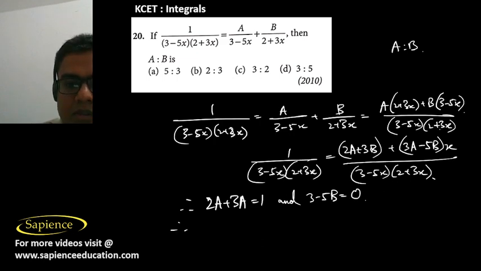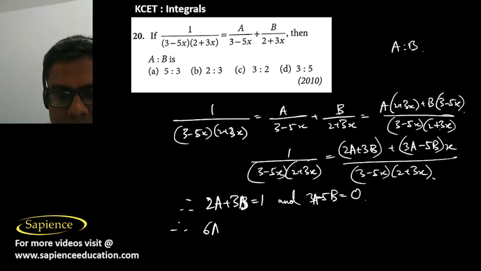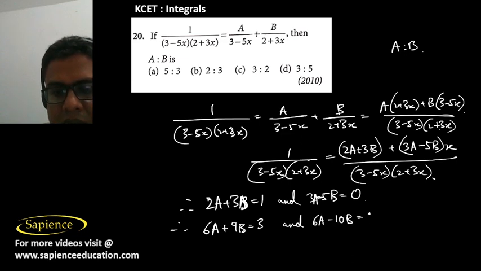So if we multiply the first by 3, we have 6a plus 9b equal to 3, and if we multiply the second by 2, we have 6a minus 10b equal to 0.